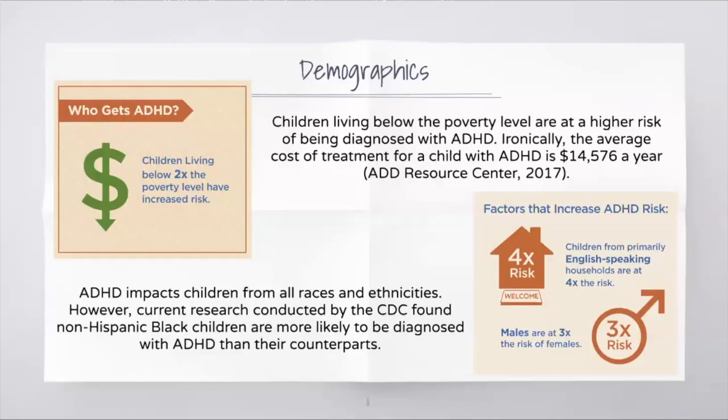Like I mentioned earlier, while ADHD is present in both males and females, males are 3 times more likely to be diagnosed with ADHD, as well as children from primary English-speaking households are 4 times more likely to be diagnosed with a disorder. Children living 2 times below the poverty level have an increased risk of developing ADHD.